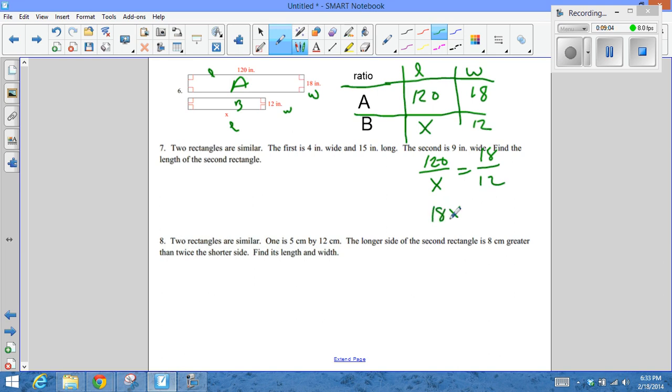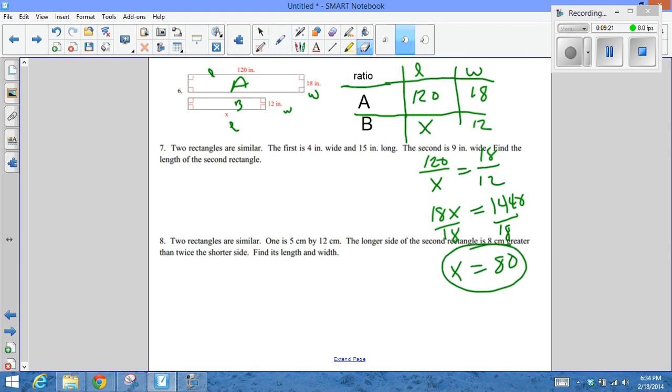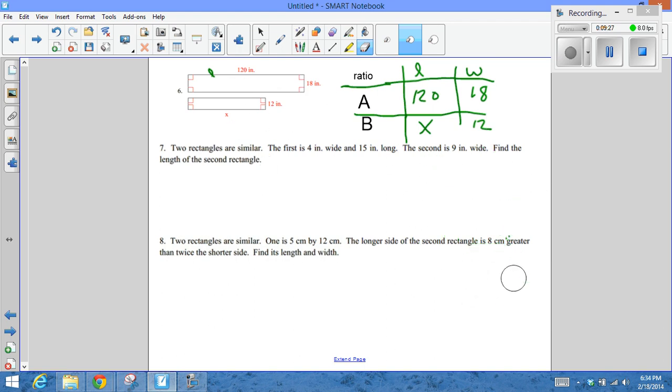So I have 18x equals, when I go to cross multiply, 1,440 divided by 18, and x equals 80. And that's my answer. So our little checkerboard thing here can be really useful for us. Help us make sure we get everything all lined up and in the right place.